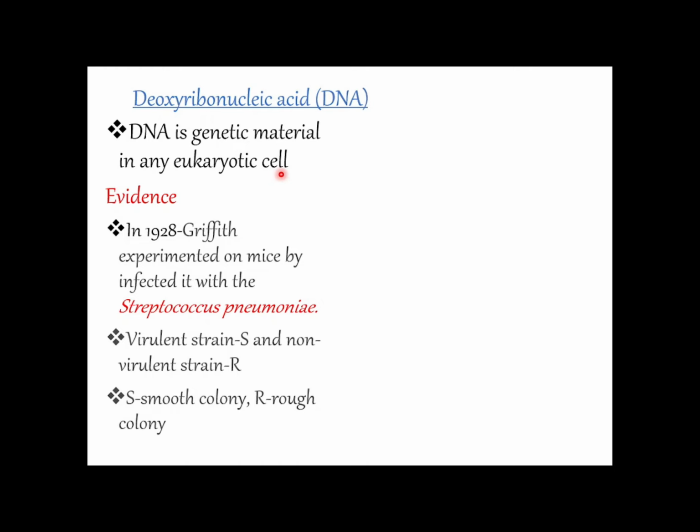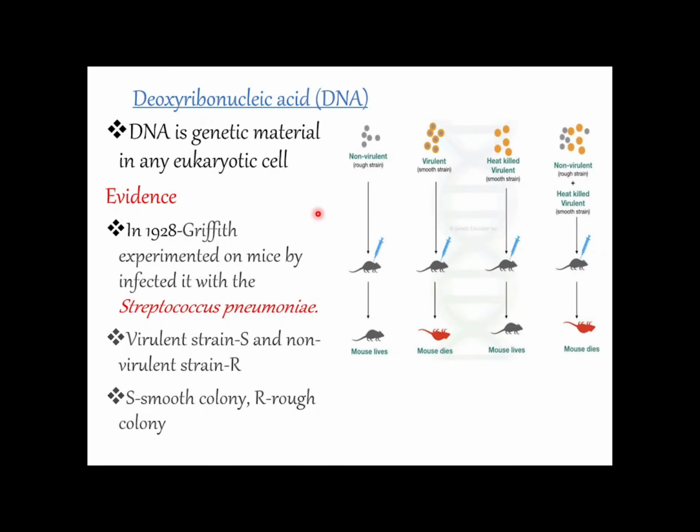Actually, in some viruses, DNA may not serve as the genetic material. Rather, RNA serves as the genetic material. There are many evidences for this. From those evidences, I'll focus on the evidence by Griffith in 1928. This scientist carried out an experiment on mice by using Streptococcus pneumoniae.